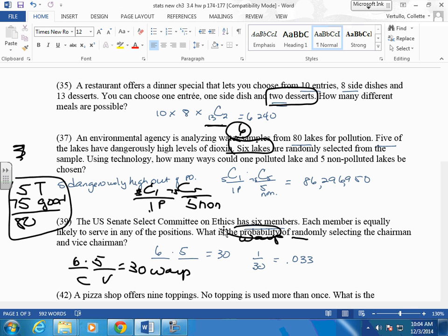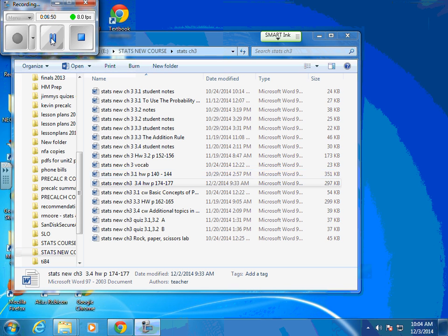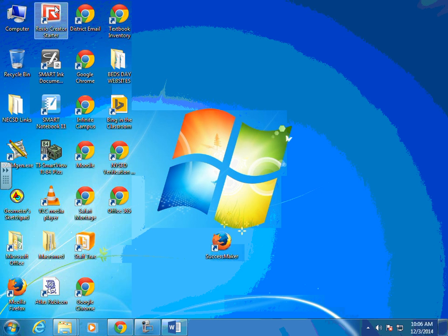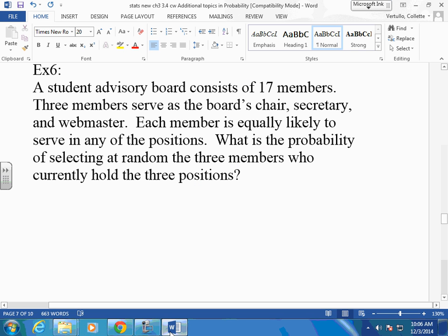Okay. Today we're hitting your probabilities, which are a little bit tougher. Now, to me, this is the most important part, the probability parts. We're converting all your ways and things like that, finding your general denominators, and making probabilities. A student advisory board, again I'm on 172, a student advisory board consists of 17 members.